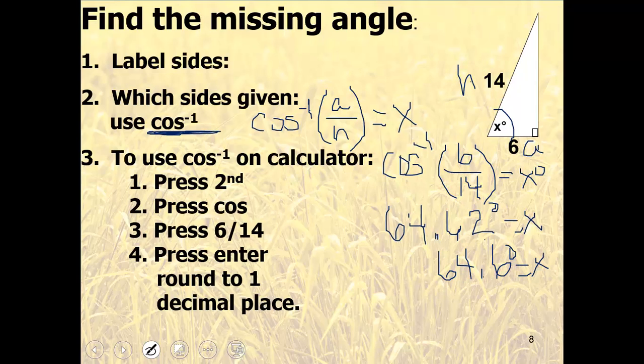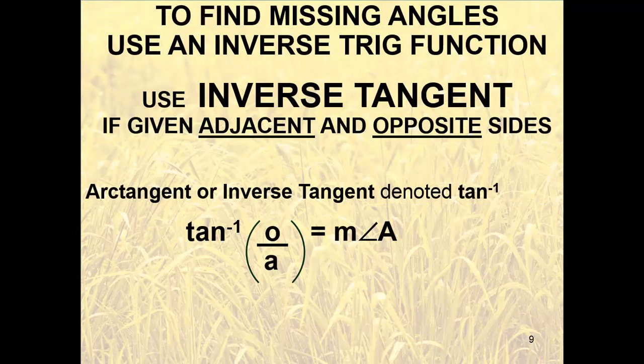See how these trig functions are so handy, handy, handy? It's amazing. I just find it so fun. All right. Again, we have one more, and it's called the inverse tangent. And we're going to use this when we're given information about the side opposite and the side adjacent. All right?